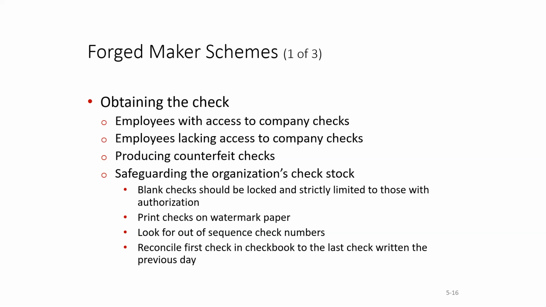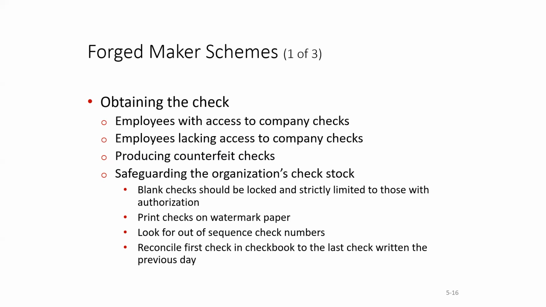Some other things our textbook talks about is using a watermark or security threads or some other marking technique so that we can clearly identify legitimate checks versus non-legitimate checks. Similarly, providing the printer with paper that is our specific type of paper, and the printer doesn't have that paper except for the checks that we give them. That would be another way.